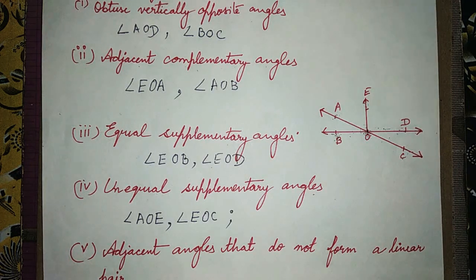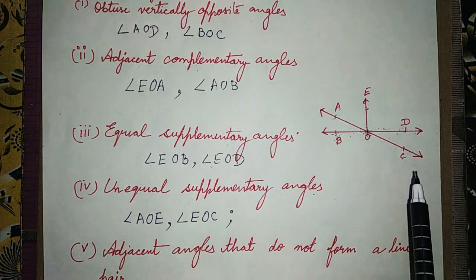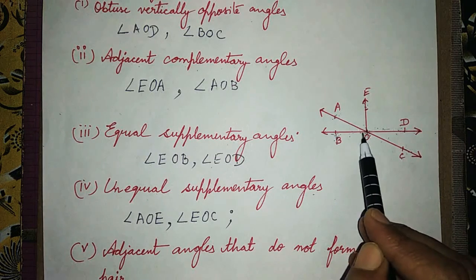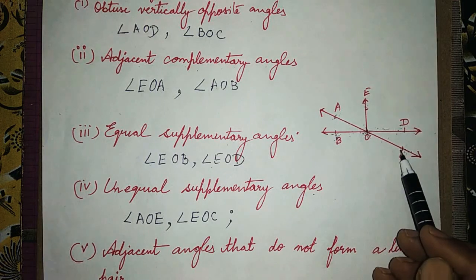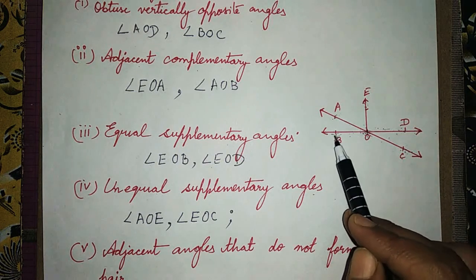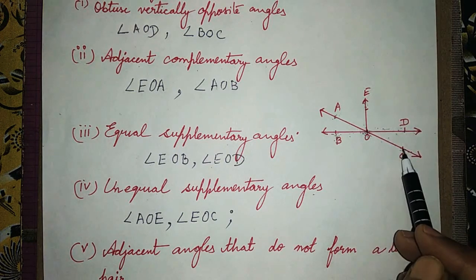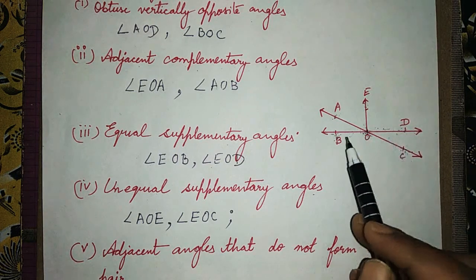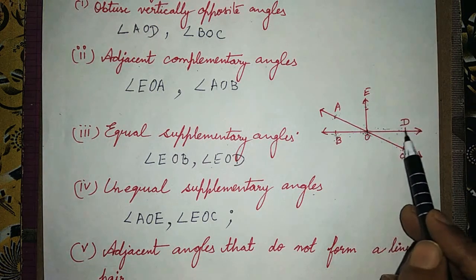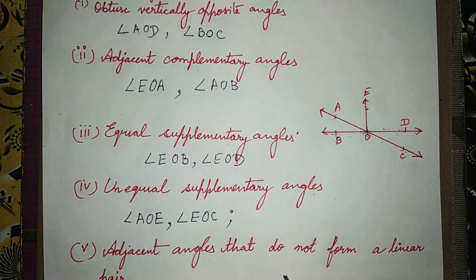Now see the next pair. One more pair you can tell here, angle BOC and angle COD. You can see that both are not equal. You can see angle BOC is larger than angle COD.